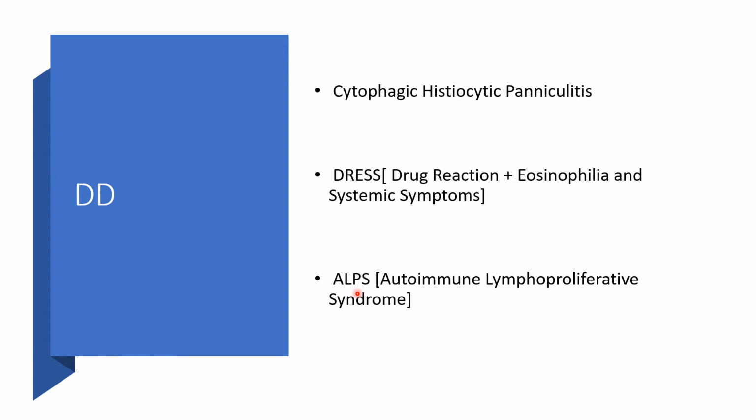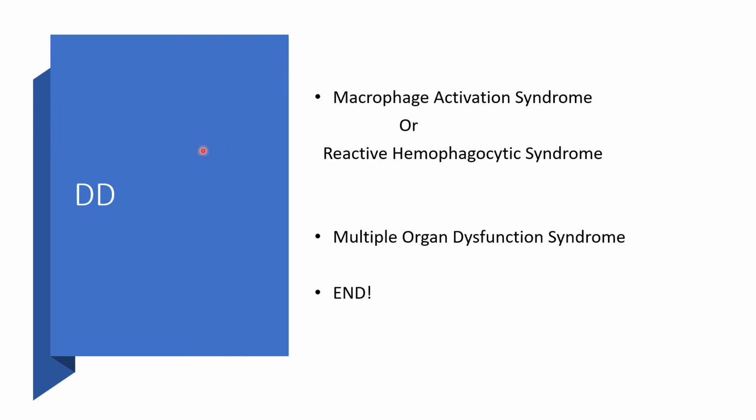Might be ALPS, that is autoimmune lymphoproliferative syndrome. Now finally, still on the differential diagnosis of HLH, it might be macrophage activation syndrome or reactive hemophagocytic syndrome, and it might be multiple organ dysfunction syndrome.